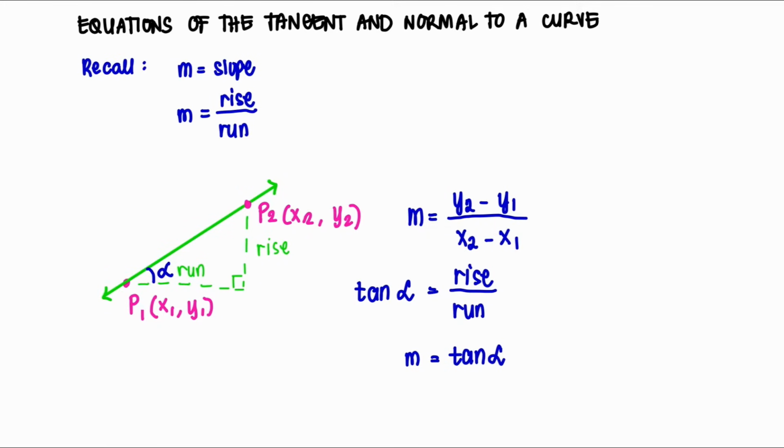So if we're given the angle of inclination of a line, then we can determine the position of the line.